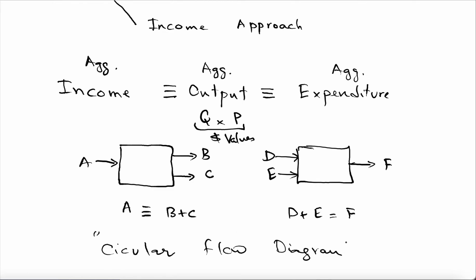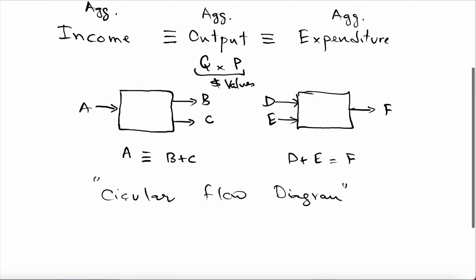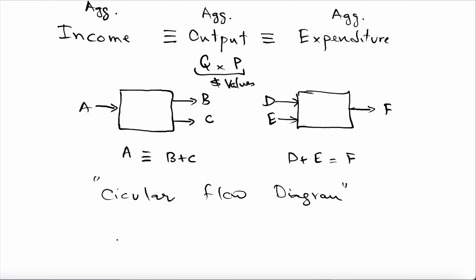So in the circular flow diagram, this is always true, and you can just forget about the physics and the laws of thermodynamics. If one person is buying, it's spending, but it's someone else's income. So income at country level should be equal to the expenditure.